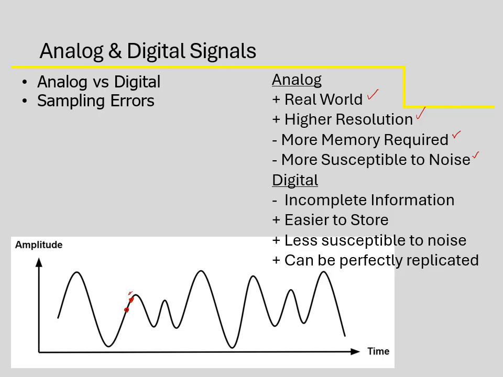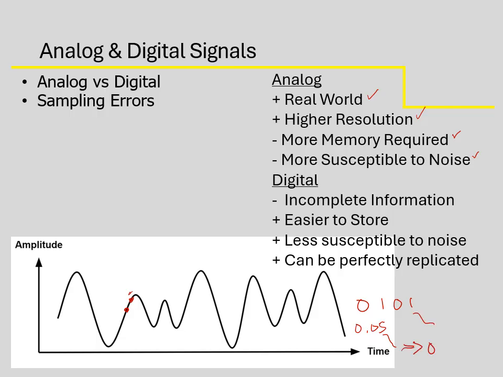When it's converted to digital and you're sending a binary signal, you're only ever sending zeros or ones. So it's much harder to confuse or misinterpret a zero or a one. It might come across the radio and it's like 0.05. Well, your system is going to know that's a zero.